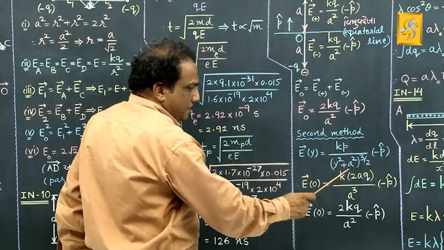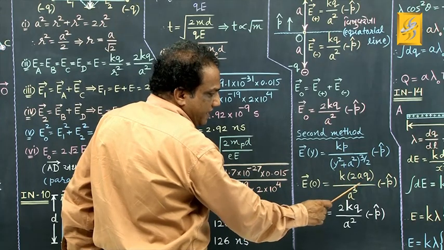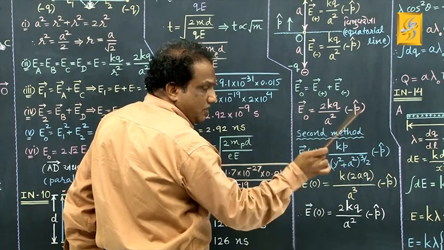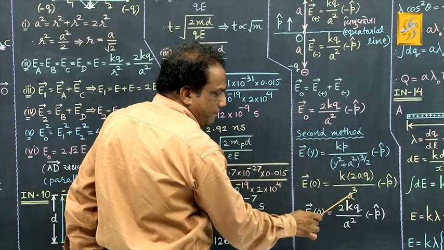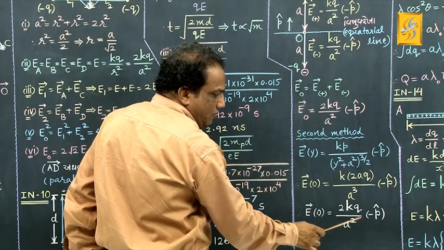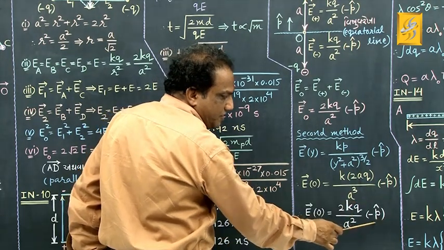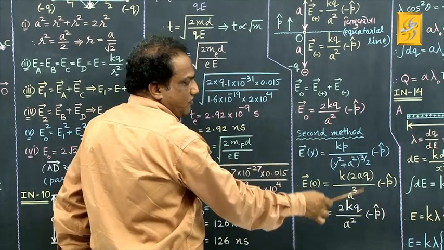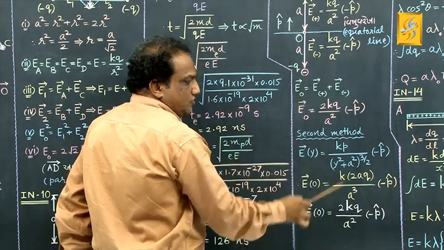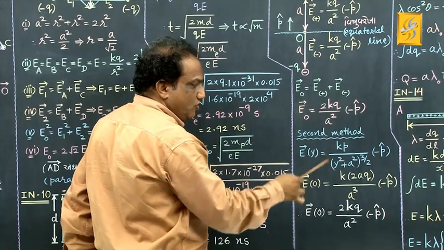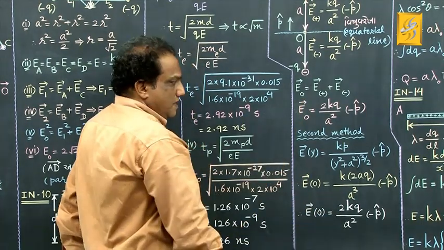And now 1 is getting cancelled from numerator and denominator. So, now it is 2kq upon a square into minus p hat. You can see these two formulas are the same, correct? So, this method is rather very easy, you may go for this method, okay?